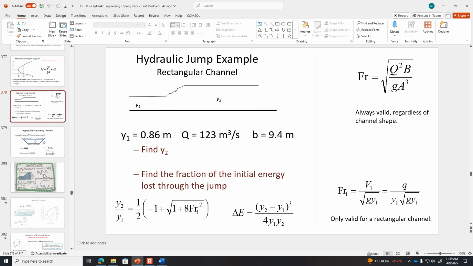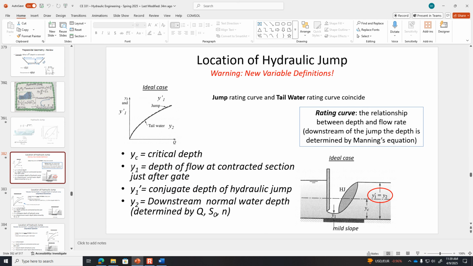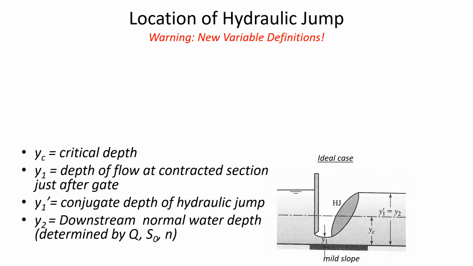Well, when we're talking about locations of hydraulic jumps, then the book uses this new Y prime 1 to talk about the conjugate depth downstream of the hydraulic jump. And then Y2 is the normal depth for the channel downstream of a hydraulic jump. So just a bit of a warning that there are some new variable definitions.